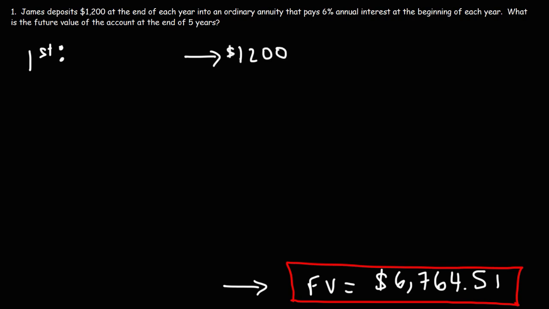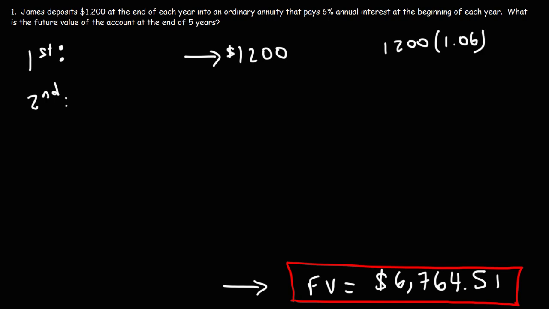So that's the account value at the end of the first year. Now, at the beginning of the second year, he is going to receive 6% interest. So we need to multiply 1,200 by 1.06. That will give us the account value after the 6% has been credited to his account.